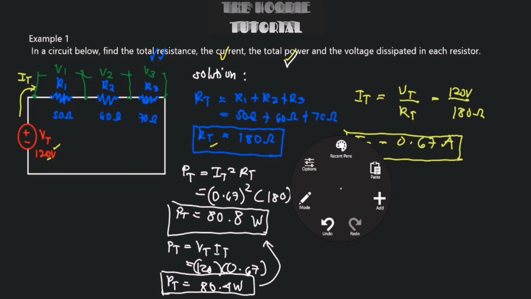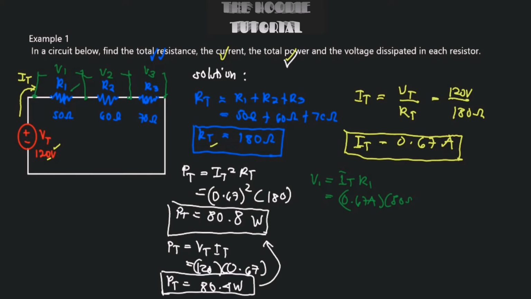So V1 would be I1 or IT, since all of the current is the same, so let's just put IT right here, multiplied by the resistance R1. Substituting all the values that we have, 0.67 amps, and R1 we have 50 ohms.